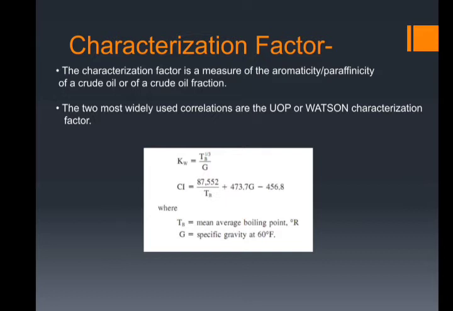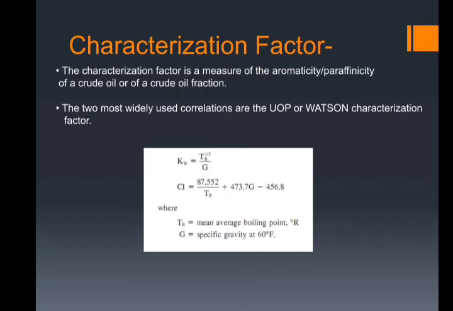KW is the Watson characterization factor, and CI is the correlation index. KW equals TB raised to the power 1/3 divided by G, where TB is the mean average boiling point in degrees Rankine and G is the specific gravity at 60 degrees Fahrenheit.